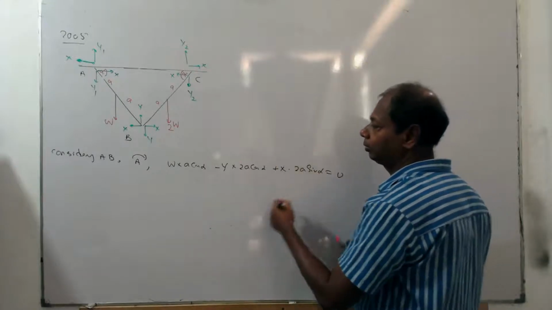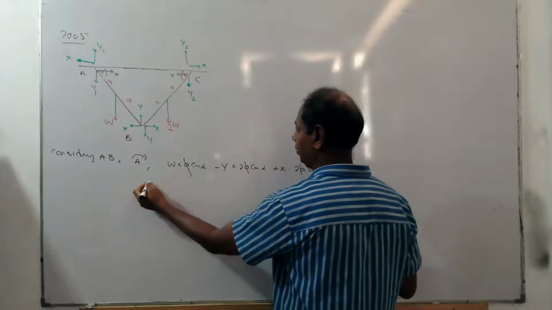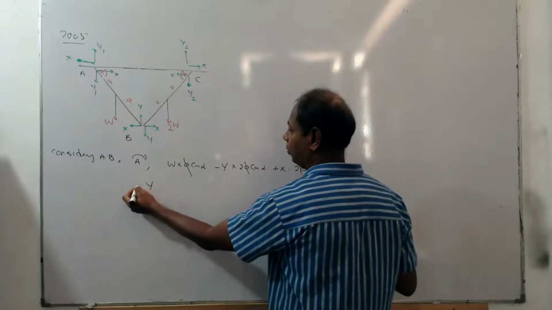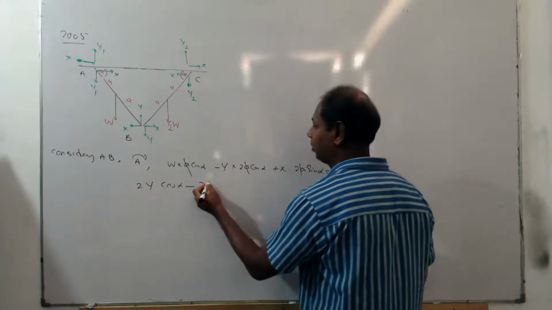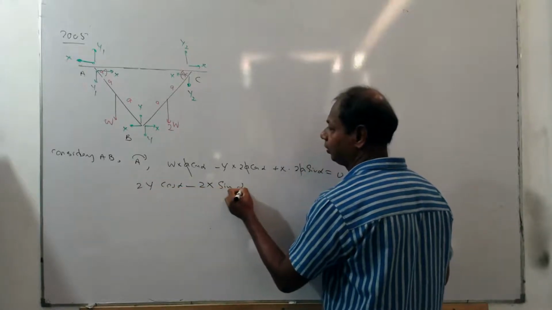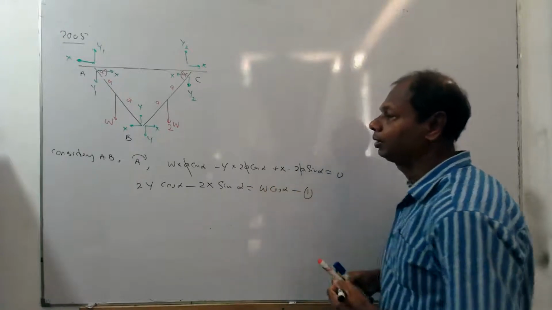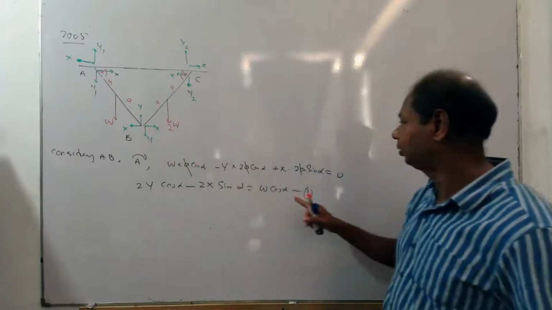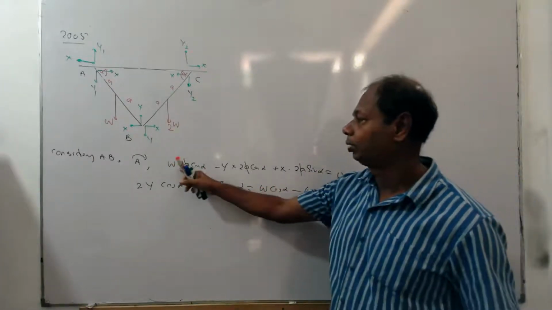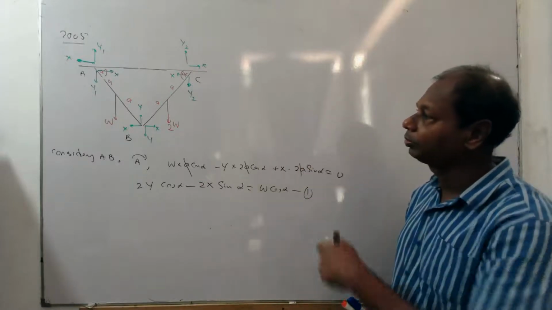Then you can divide everything: 2y cos alpha minus 2x sin alpha equals W cos alpha. That's equation number 1.